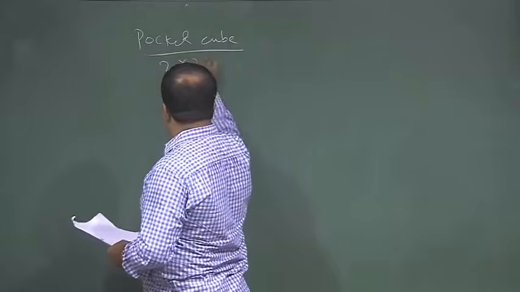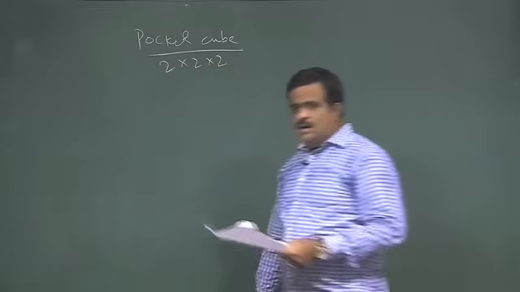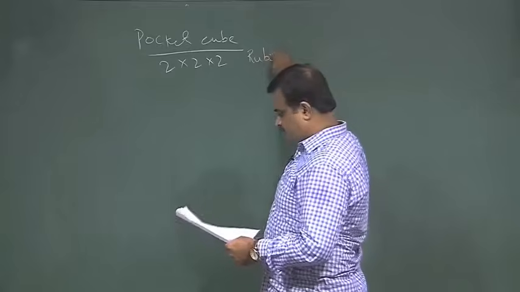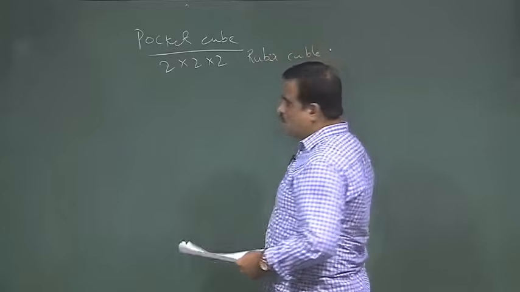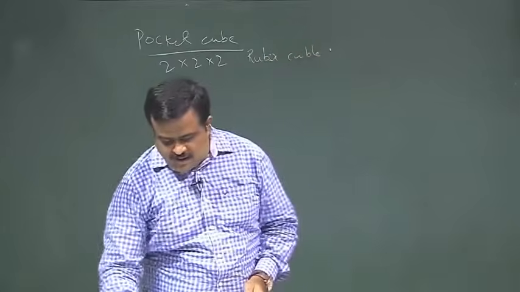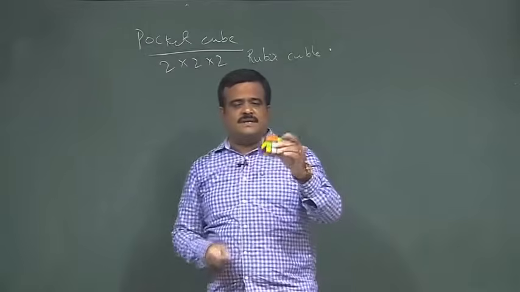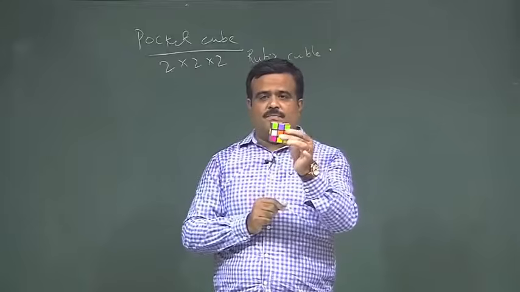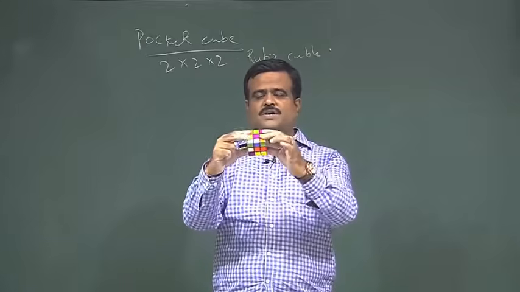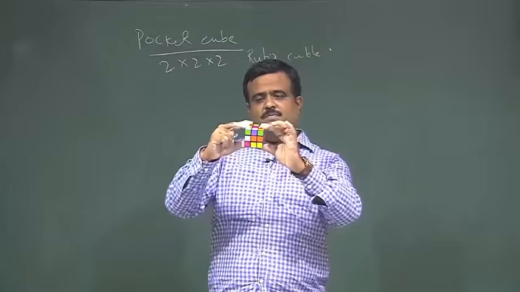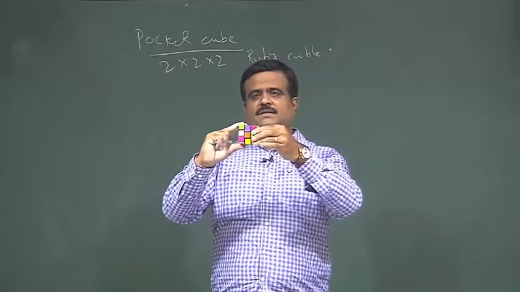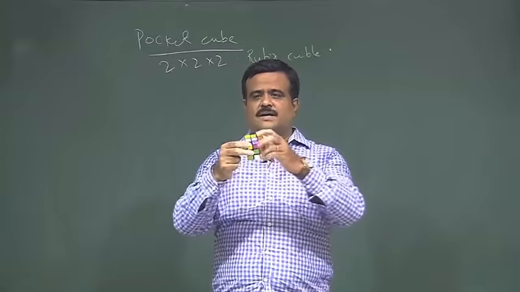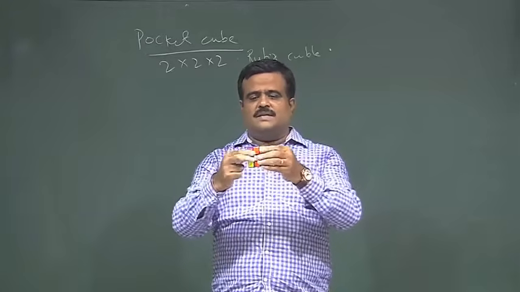How can we think of this Rubik's cube as a graph? We take each position as a node, a vertex of a graph. If we change one little thing, then it is another vertex, like this.